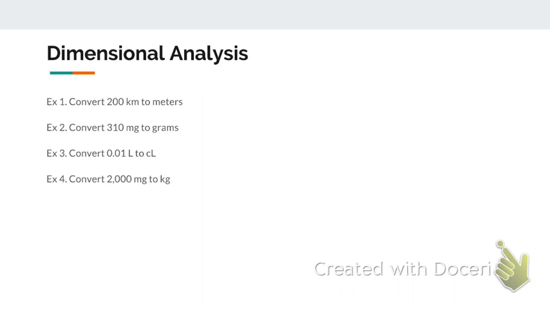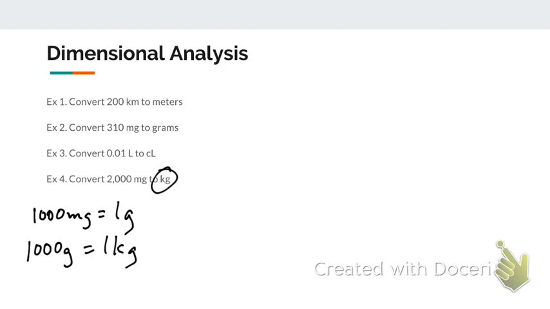All right. And then the last one is actually a two-step problem. So I want to go from milligrams to kilograms. And to go, I need 2 conversion units in this case. I know that 1,000 milligrams equals 1 gram, but I want to get to kilograms. So I know that 1,000 grams equals 1 kilogram.